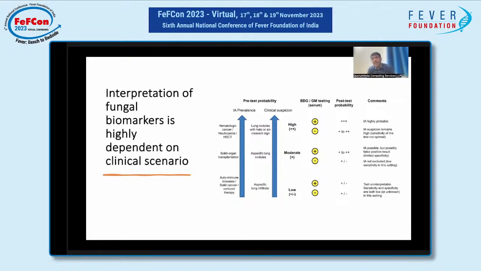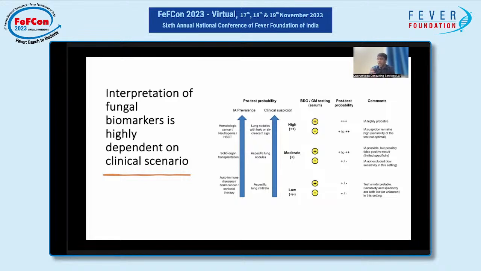The beta-D-glucan is positive in Aspergillus, Candida, and even for Pneumocystis carinii pneumonia. I'm sure you know that the Pneumocystis carinii, the PCP, nowadays called Pneumocystis jirovecii infection, usually seen in HIV patients or immunocompromised patients, is a fungus. Earlier, it was classified as a parasite. Now it's a fungus.